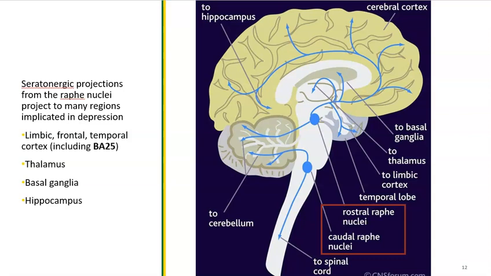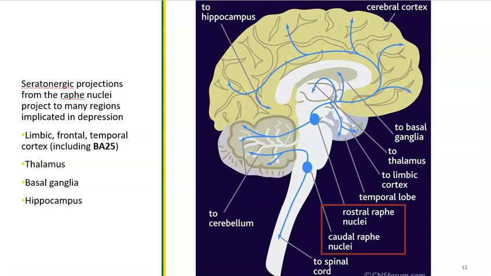It projects to the thalamus, the basal ganglia, and the hippocampus. These are all areas in that limbic system that we talked about before being implicated in depression and can really affect mood. So that's where we're going to stop here.